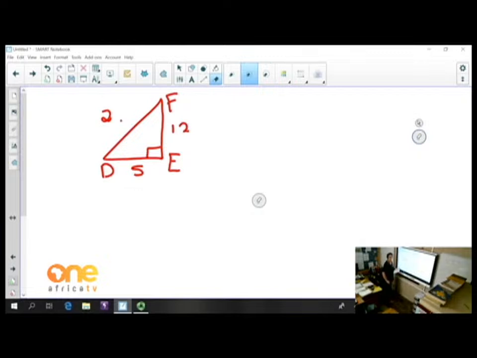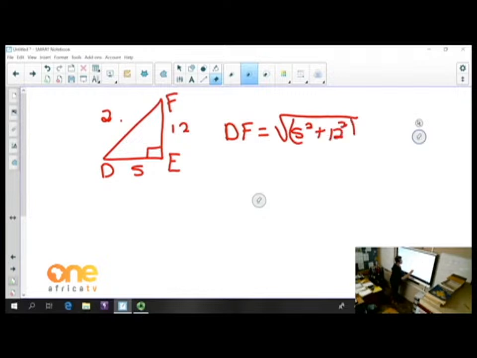Are we going to add or subtract? Add. So we can say that DF is then equal to 5 squared plus 12 squared. I add because I want to find the hypotenuse. So that is then 5 squared plus 12 squared. And the square root of that is 13.